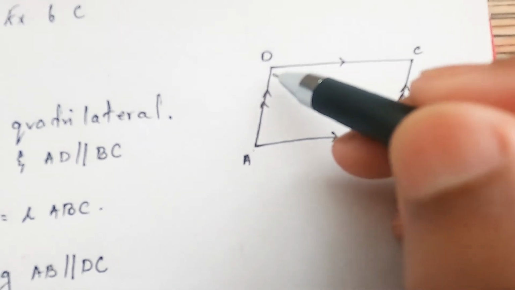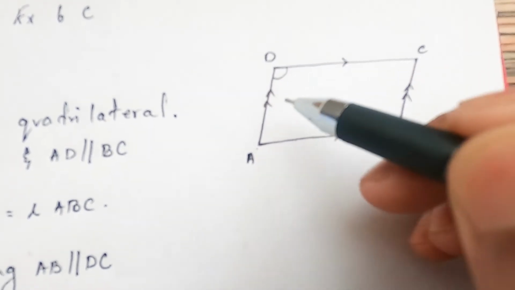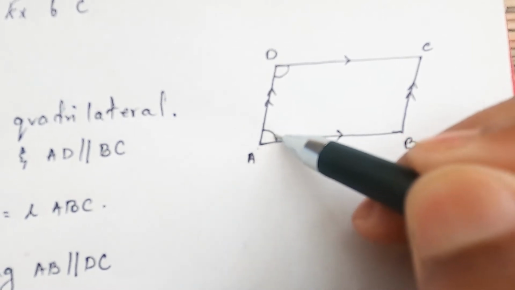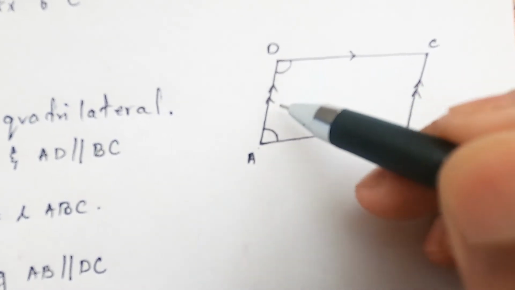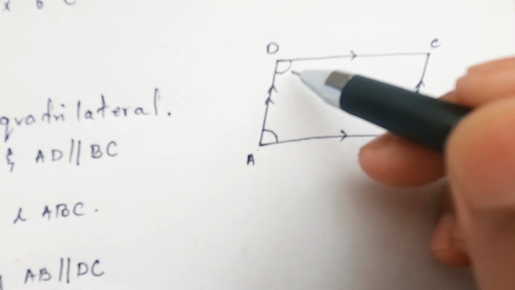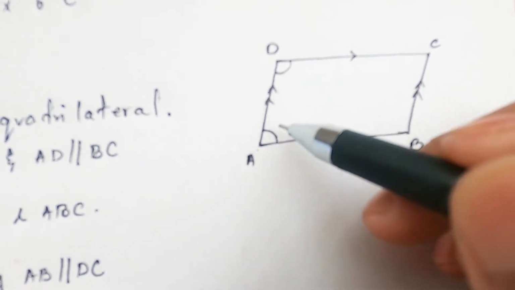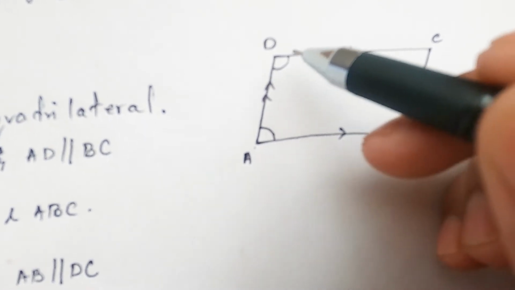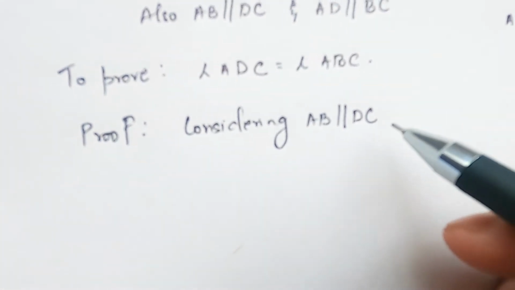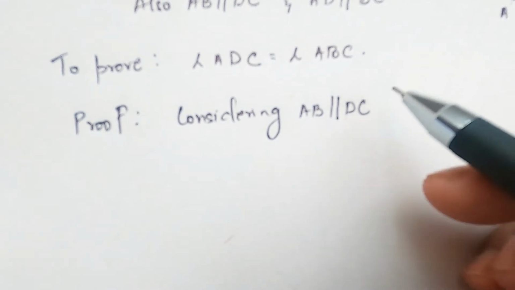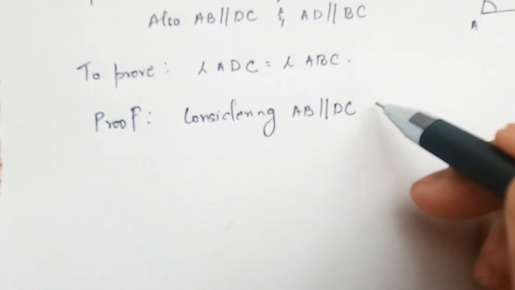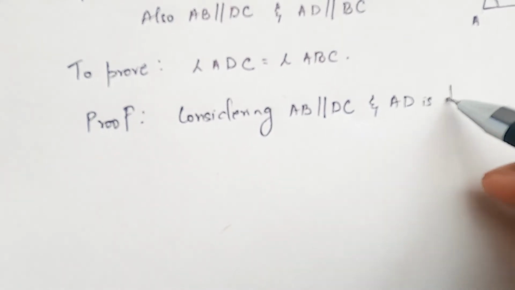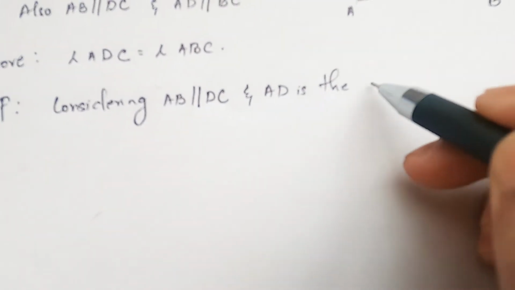So if AD is a transversal line, then we can say that these two angles are equal. And what pairs of angles do they form? They form consecutive interior angles.